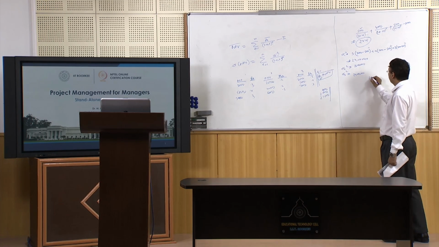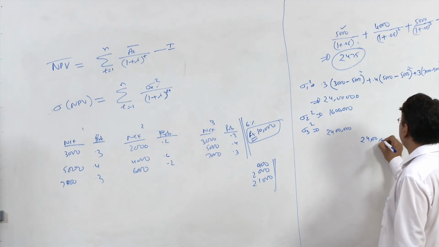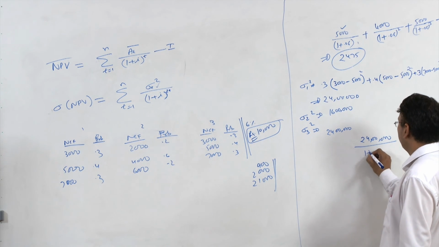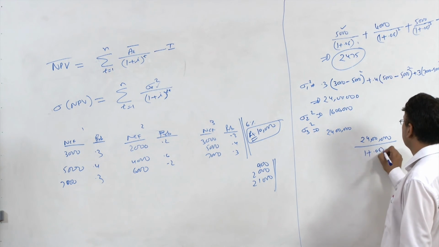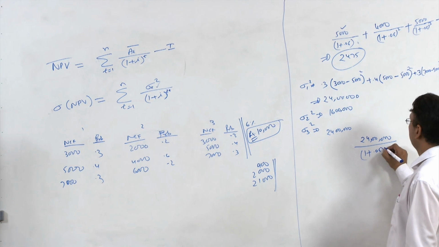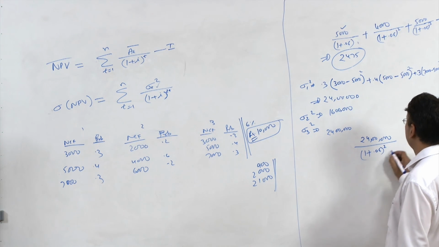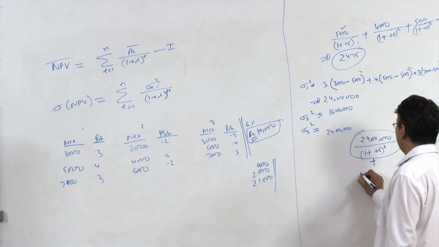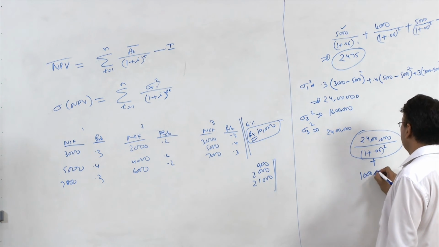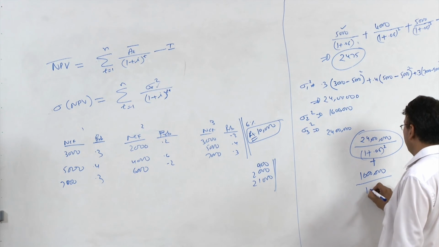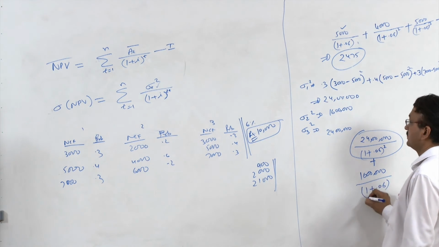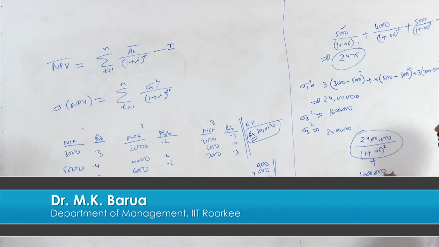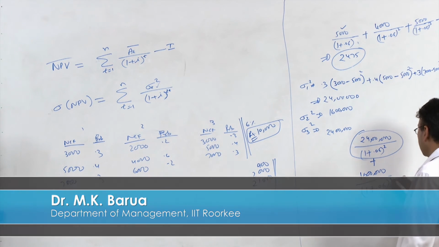So you have 2,400,000 divided by (1 plus 0.06) to the power 6, plus this, plus 1,600,000 divided by (1 plus 0.06) to the power 4, right? 2 into 2, 4, right?